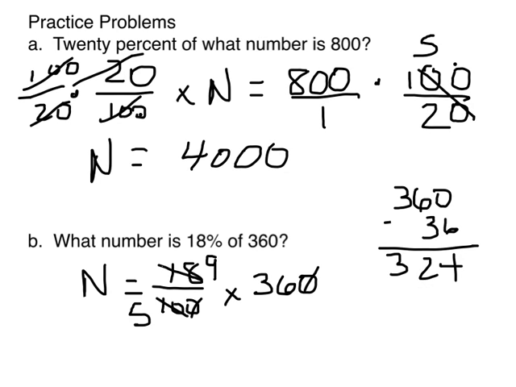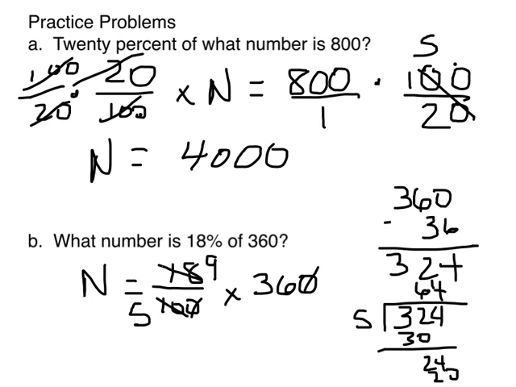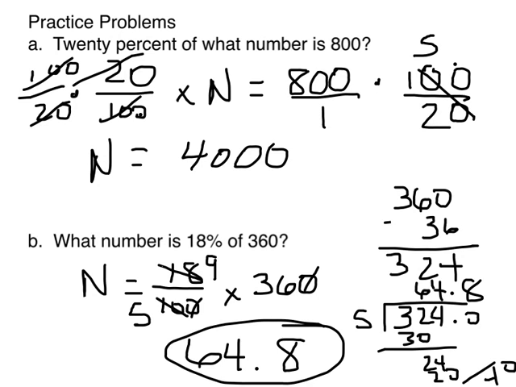And 324 divided by 5, 5 goes into 32 6 times, and that's 30. 24, it will go 4 times, and that's 20, and subtract, and that's going to leave me 4. If I put decimal 0, that will go 8. So 64.8 is 18% of 360. 64.8 would be my number.